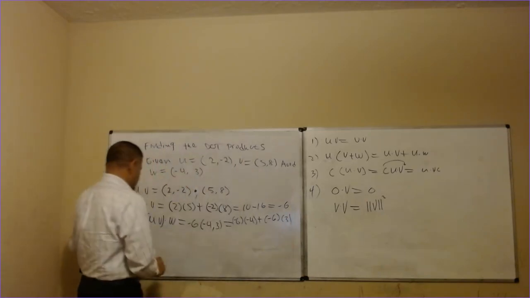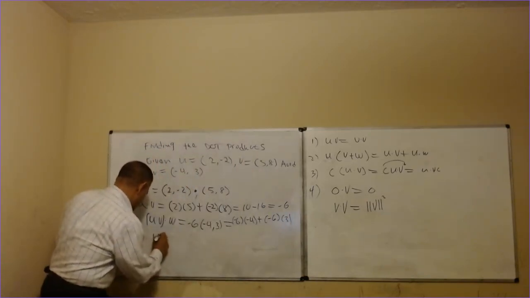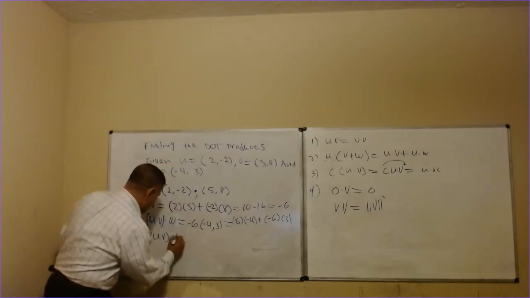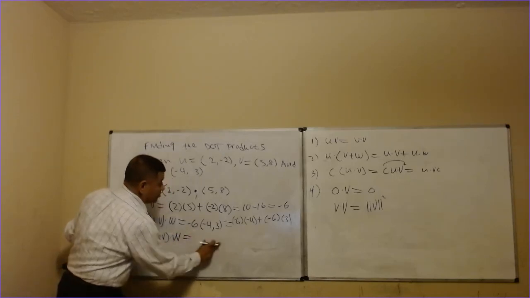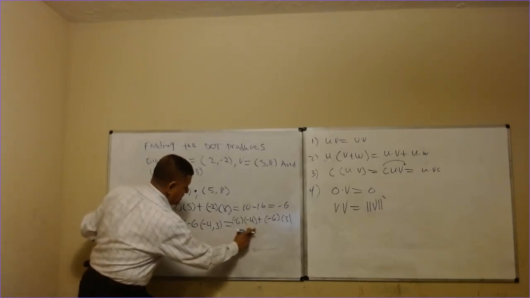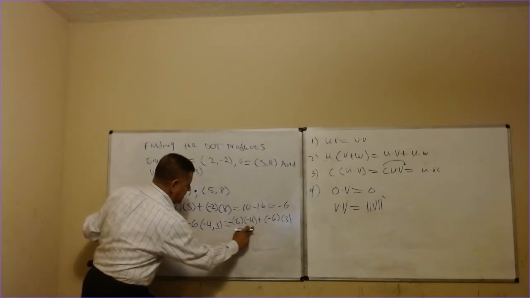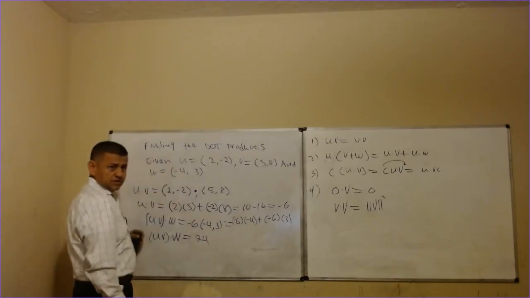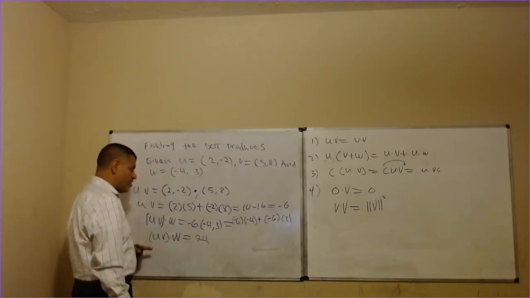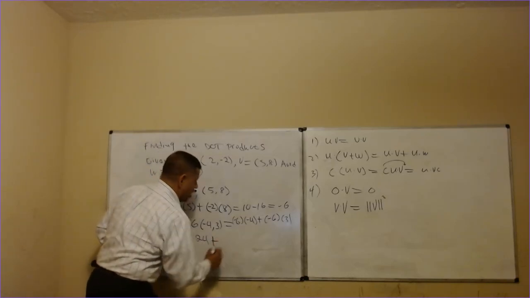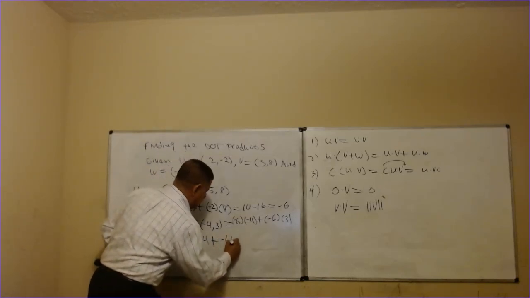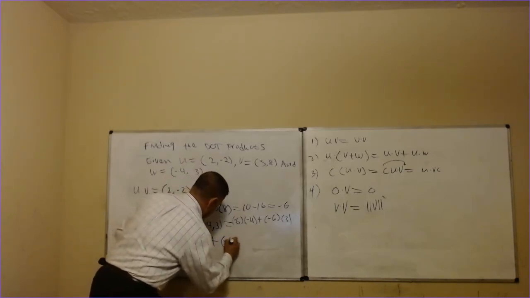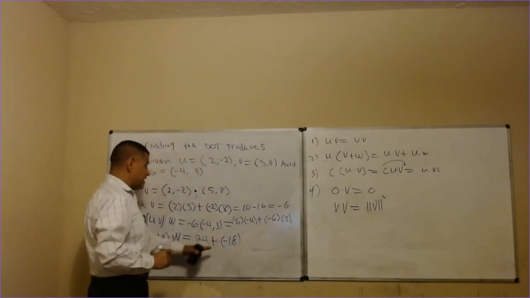So u dot v dotted with w is equal to 24. A negative times a negative gives you a positive, positive 24, plus -18.